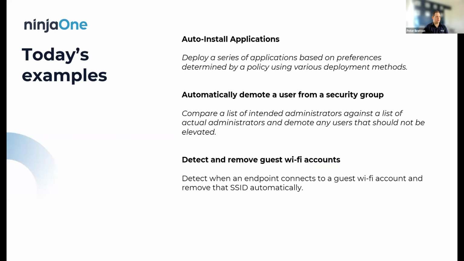He's then going to dive into automatically demoting a user from a security group based on a comparison list of intended administrators. And then Steven's going to get into detecting and removing guest Wi-Fi accounts if someone's not supposed to be on them. So with that, I'm going to hand it over to Jeff, and we can get into the real meat here.